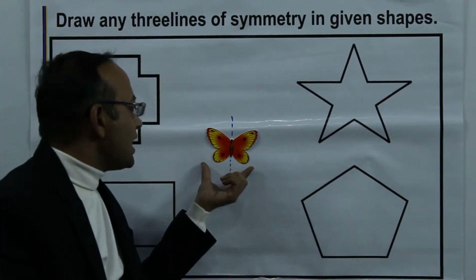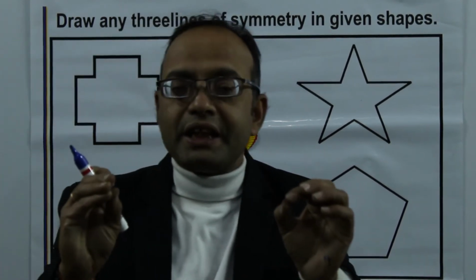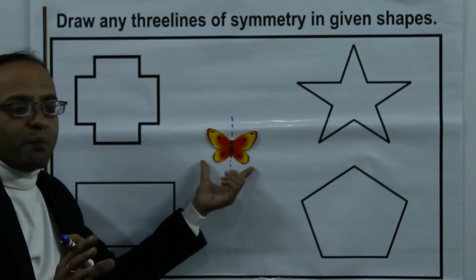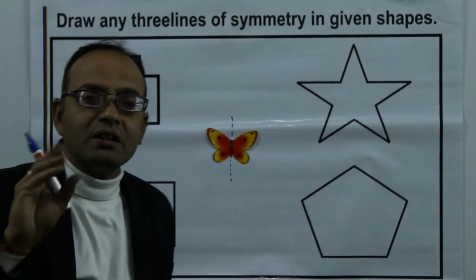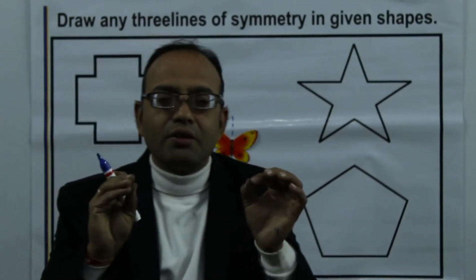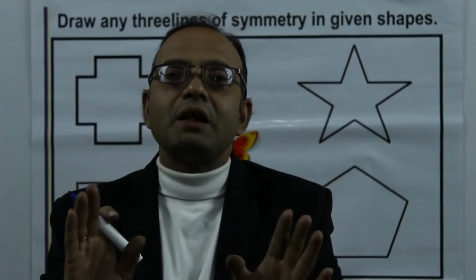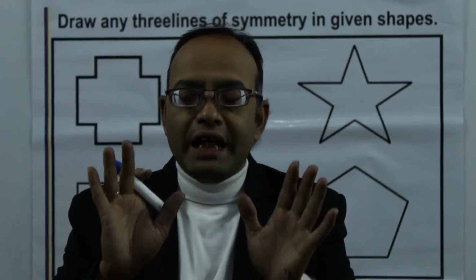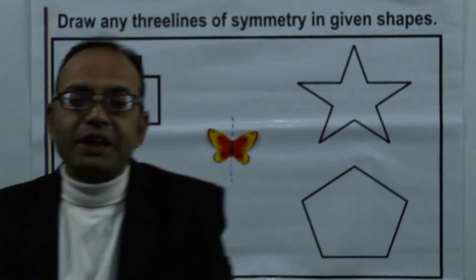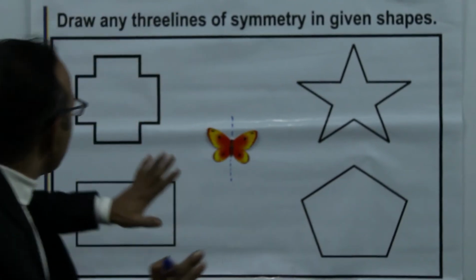So it is a symmetrical figure. Those figures have that type of property, which is called symmetry. A figure which has the line of symmetry and similar figures, those figures have symmetry.